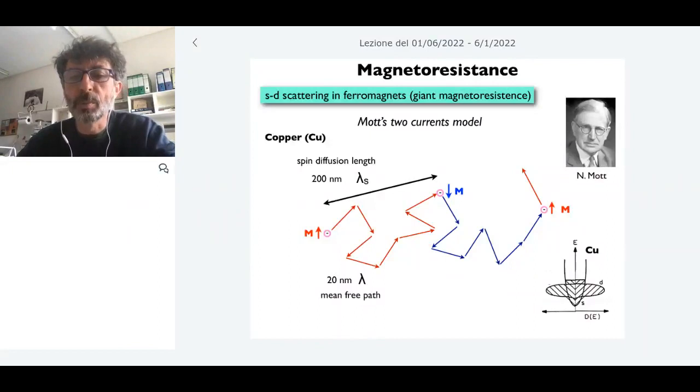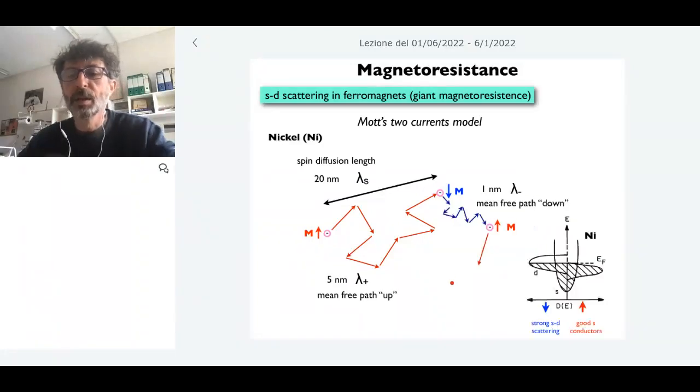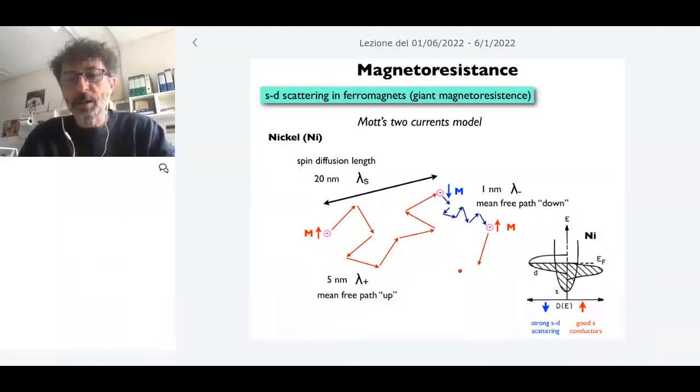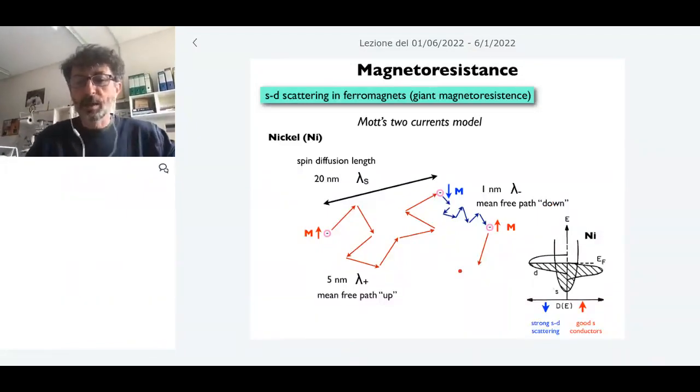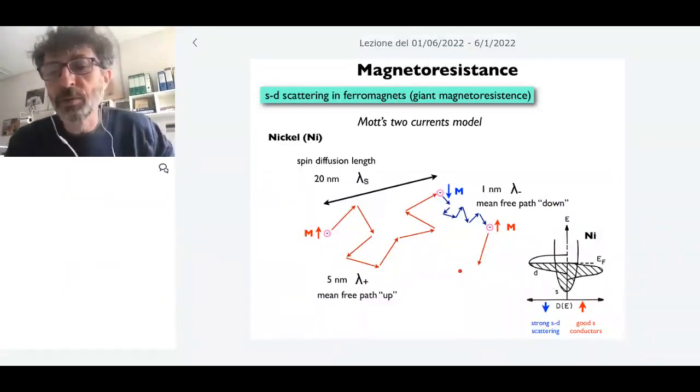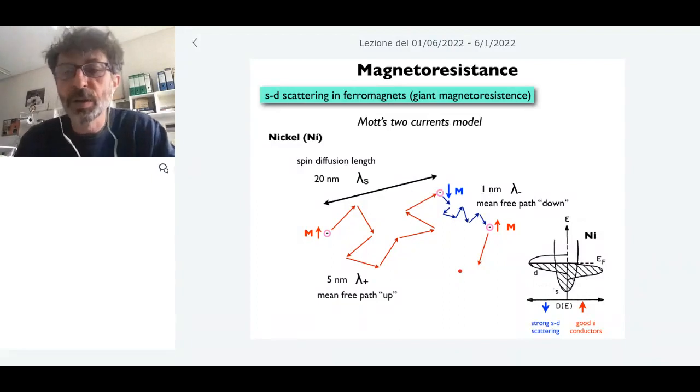This is for copper, where the spin diffusion length is very large and the mean free path for up and down is the same. But for ferromagnets, as we said, the mean free path for up and down is not the same. It's different.